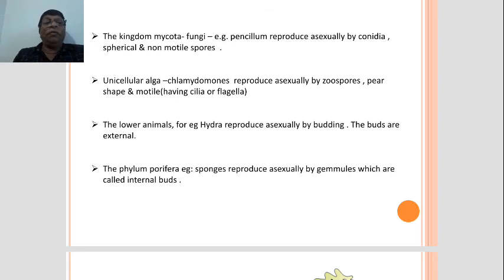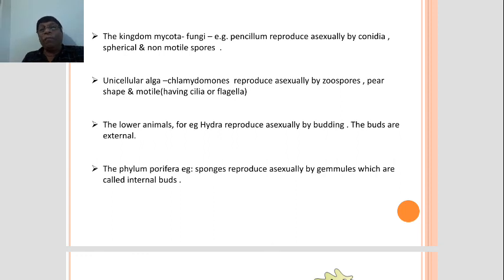See the diagram. Hydra reproduces asexually by budding. The buds are formed externally. That's why the buds are external. So Hydra reproduces by external bud formation or budding.